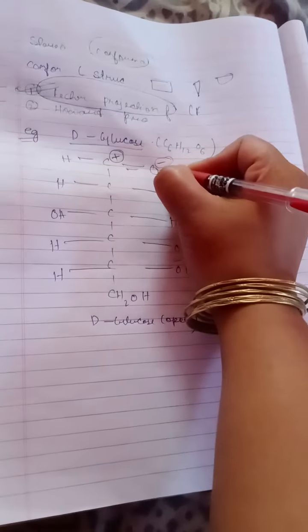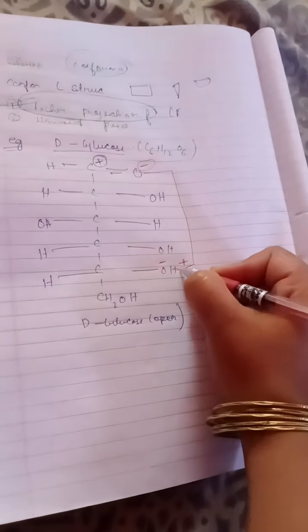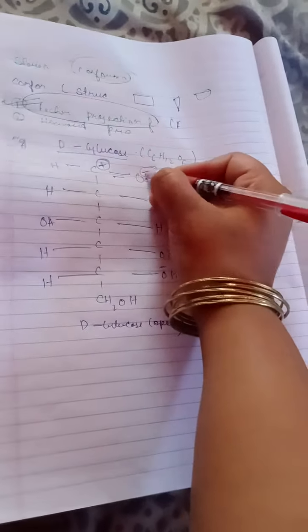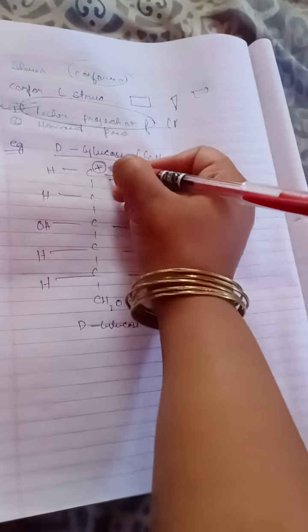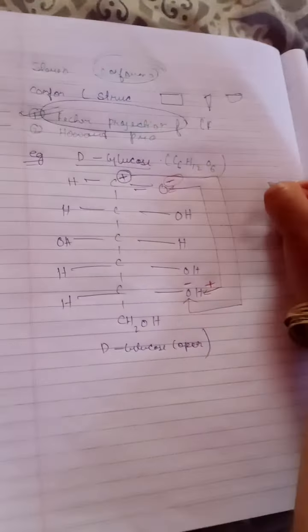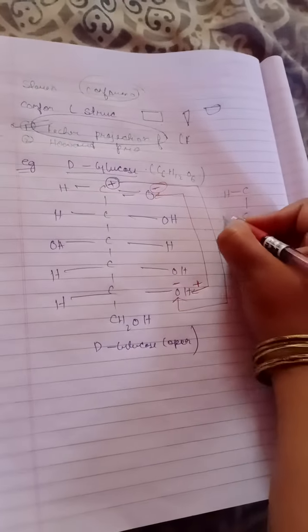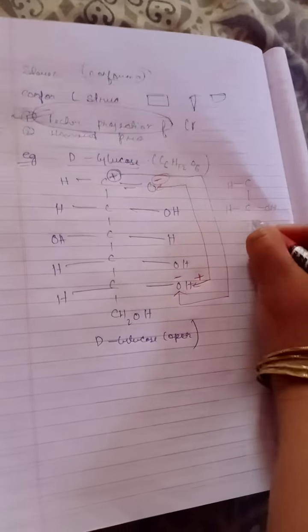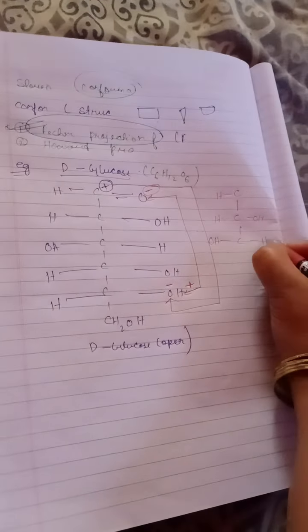Because this carries a negative charge, this will react with this hydrogen carrying a positive charge. This negatively charged oxygen reacts with this positive hydrogen, and this positive carbon will react with this OH. The others remain unchanged, because there is nothing changing in the conformation.